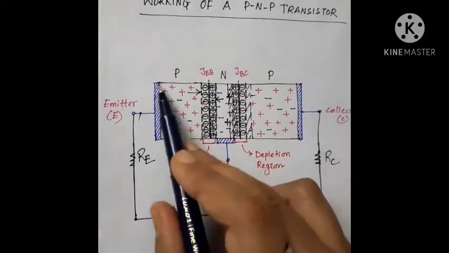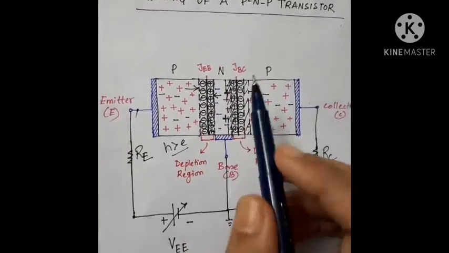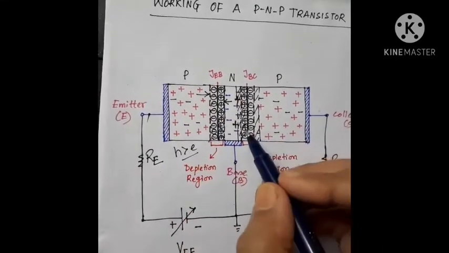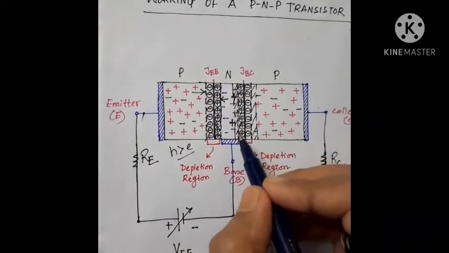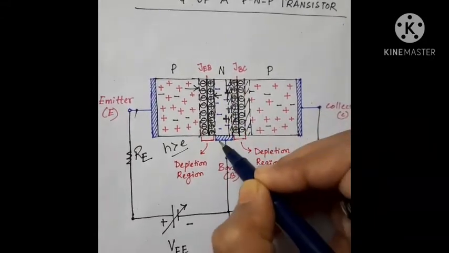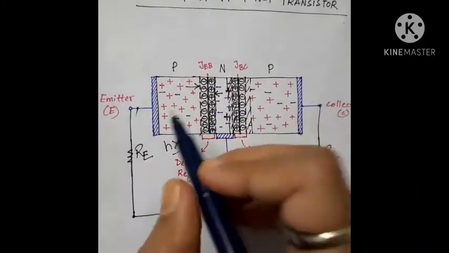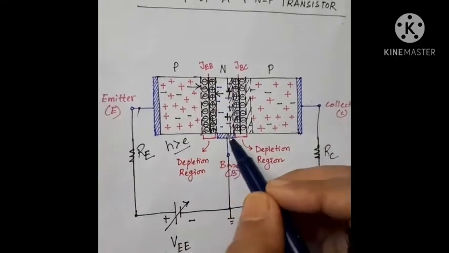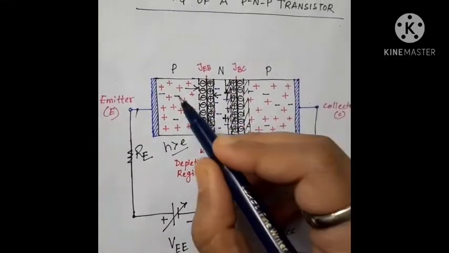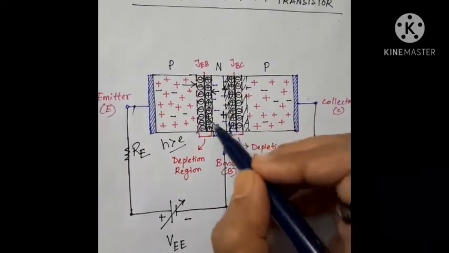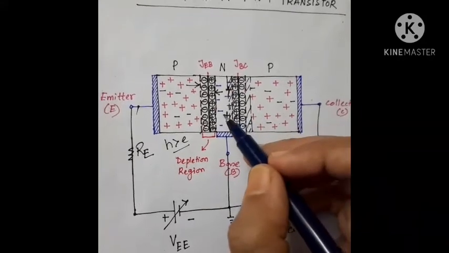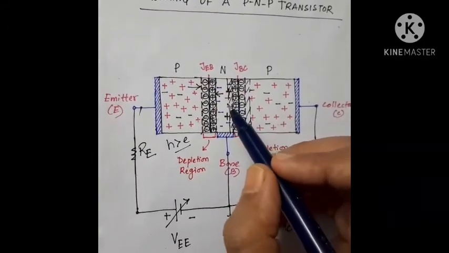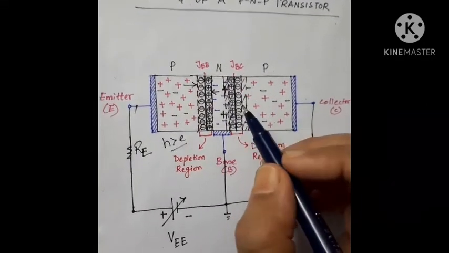For example, if there are 100 holes, then 5 holes will recombine. As the base is a lightly doped region, the number of electrons is small, and the emitter is a medium doped region, so the number of holes is comparatively larger than the number of electrons. So only 5% of the holes will recombine with the electrons in the base region, and due to this recombination process, the holes and electrons get neutralized.